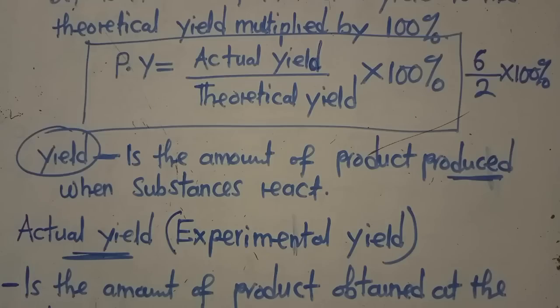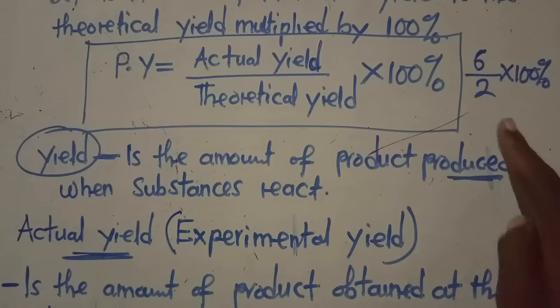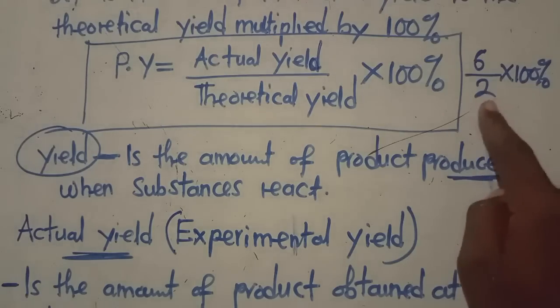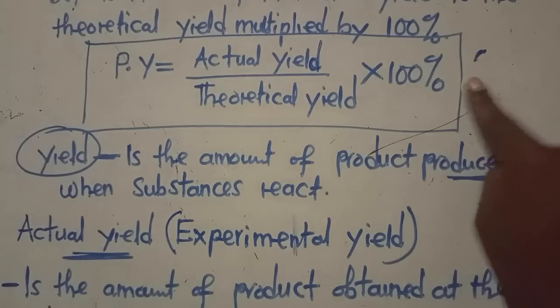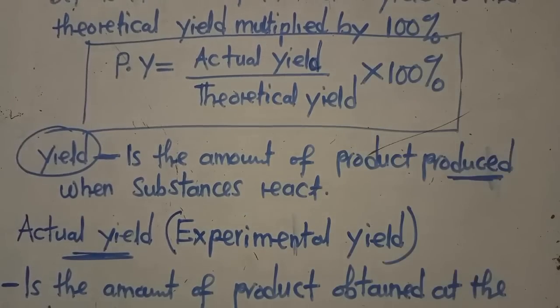So whenever you calculate the theoretical and it is 2 while the one given is 6, just know that you've made a mistake. Just know that there is a certain part which I've not calculated very well.